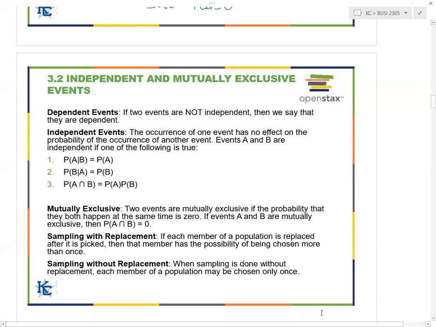So an example of some independent things: every time we roll a die, or every time we flip a coin, no matter what you get the first time you roll a die, it won't affect what you get the second time you roll a die. The same thing with flipping a coin. Whether you got heads or tails the first time will not dictate whether you get heads or tails the second time, right? But dependent events are when they're not independent.